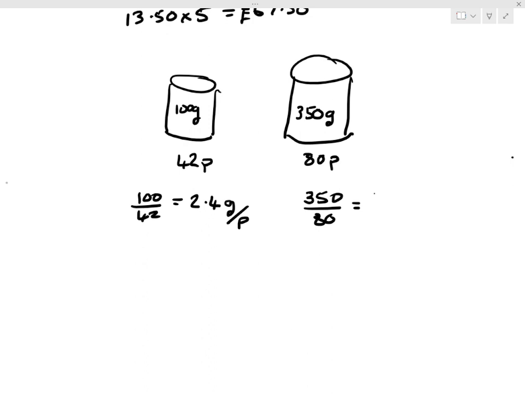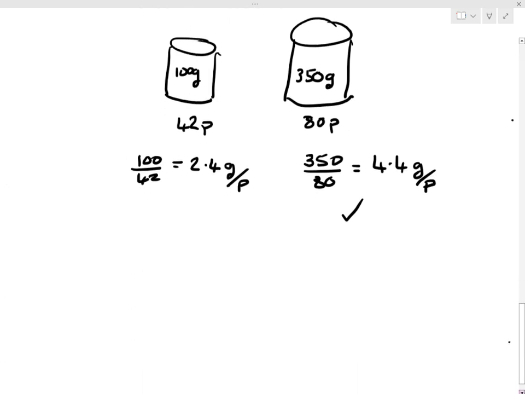I'll just call it 4.4 grams per pence. So the better value is this one, because we get more. This one is a better value, get more grams per pence.